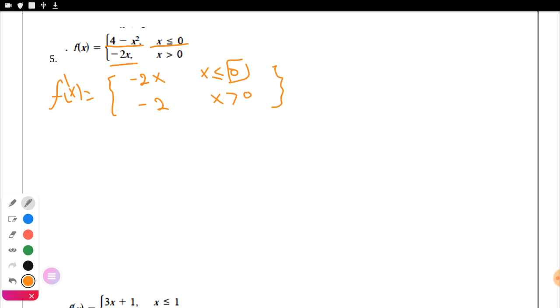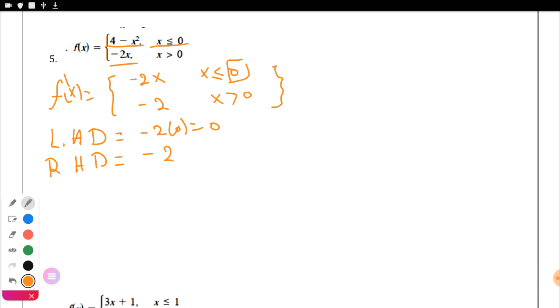We find the left hand derivative. The left hand derivative equals what? Replacing x by 0, it will be negative 2 multiplied by 0, which is 0. But the right hand derivative will be negative 2, a constant function.